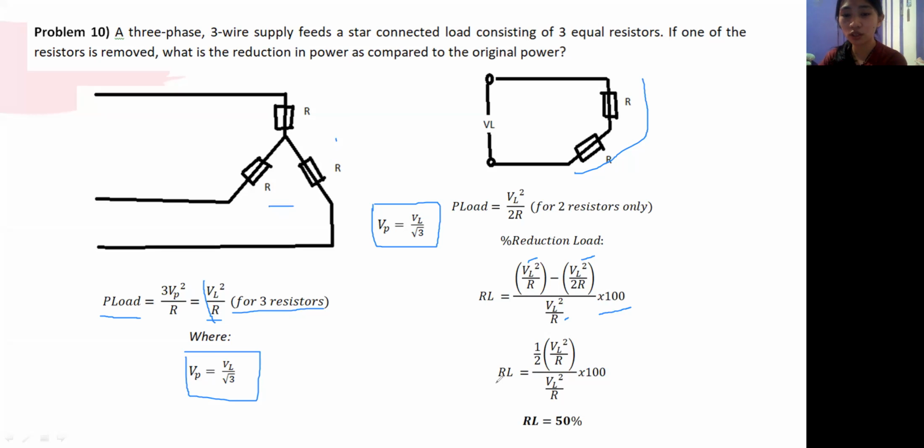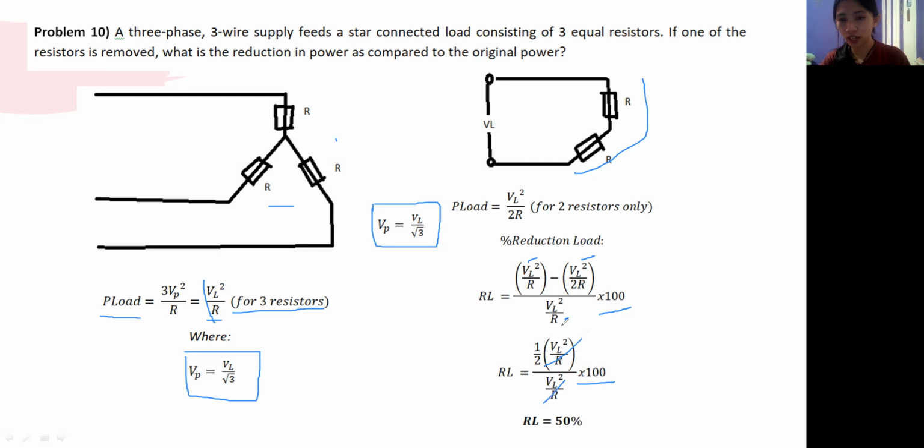Upon simplifying, the reduction load is equal to 1/2 VL squared over R, all over VL squared over R, times 100. It's just simple math here. As you can see, we can cancel out the same value here.